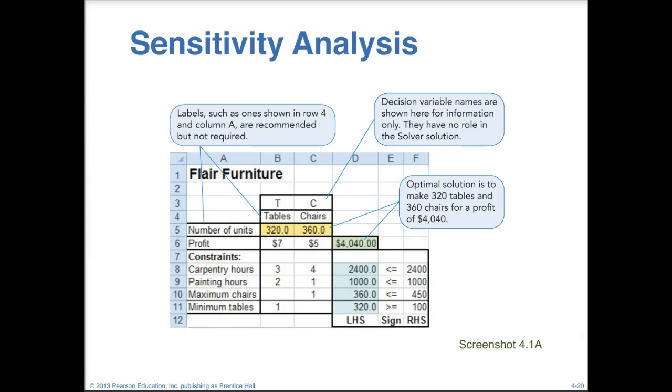All right, so now we've seen how we change various things in our constraints or our objective function, and how it affects our feasibility region. So what we want to get into now is the actual sensitivity analysis part. From last week, we know that this was our optimal solution: 320 tables, 360 chairs, and that's how much profit we got.